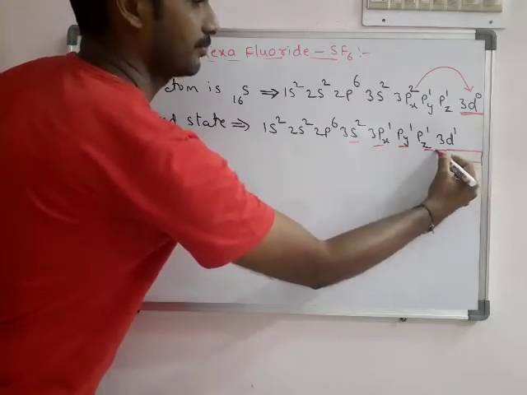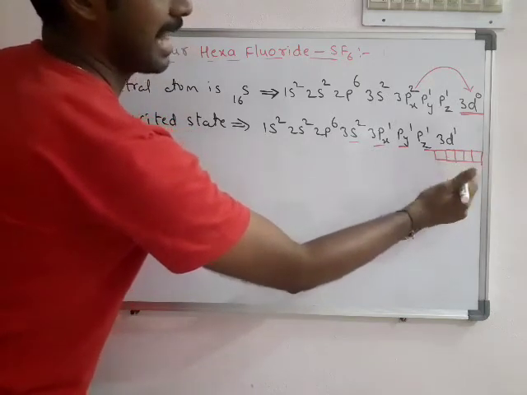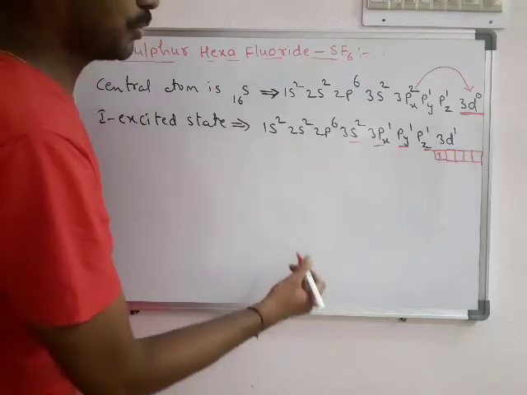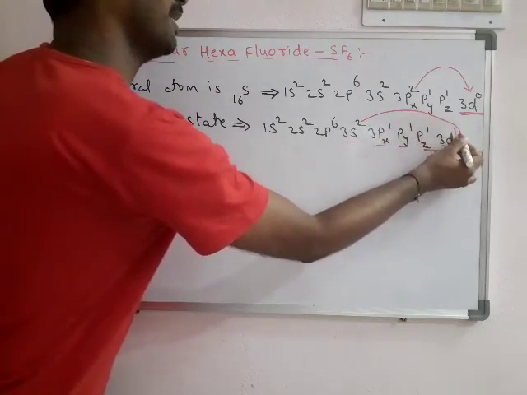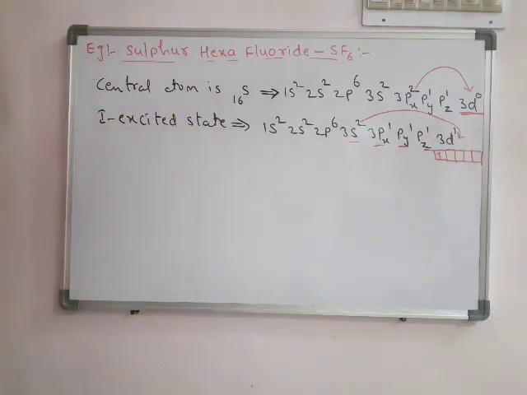So 3d has 5 boxes. It is already d1, so there are 5 possibilities. Naturally, with one shifted, again one is shifted here. So the second electron also shifted.